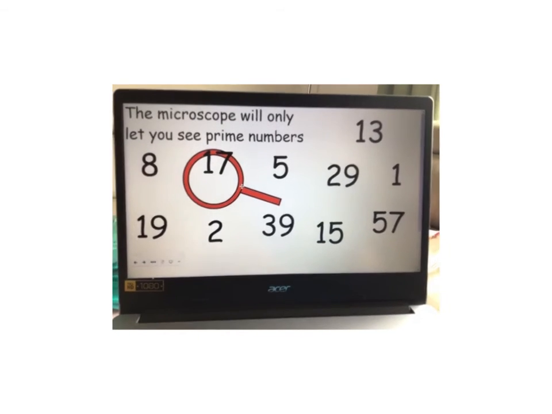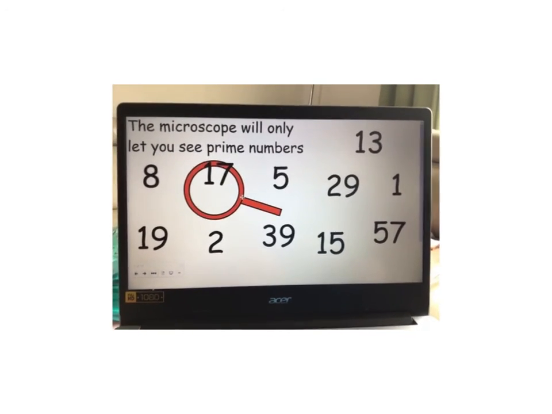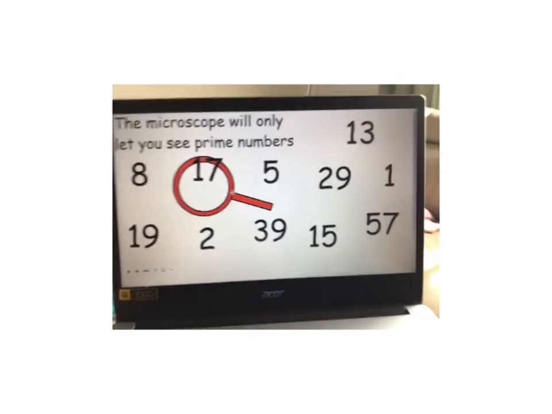What I've got in front of me on my computer screen is a prime number detector, and this magnifying glass only lets us see prime numbers.